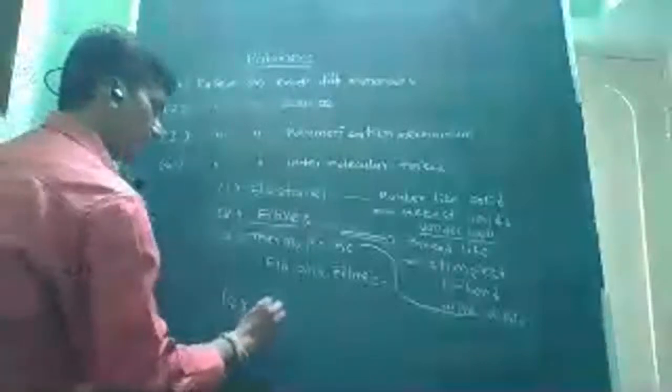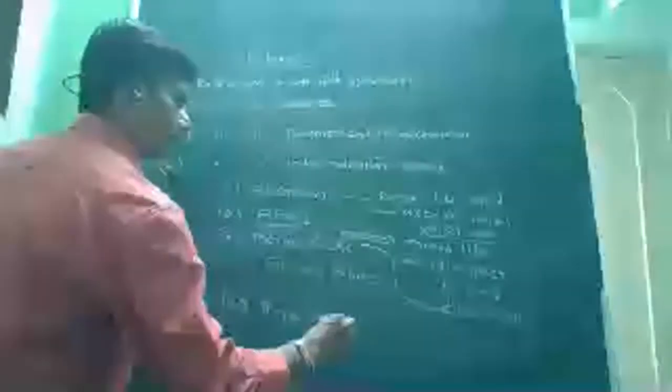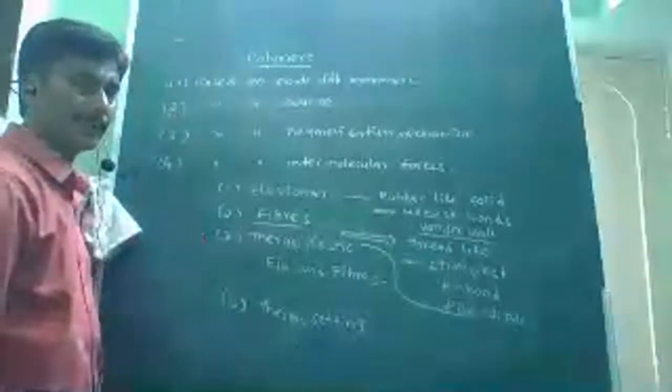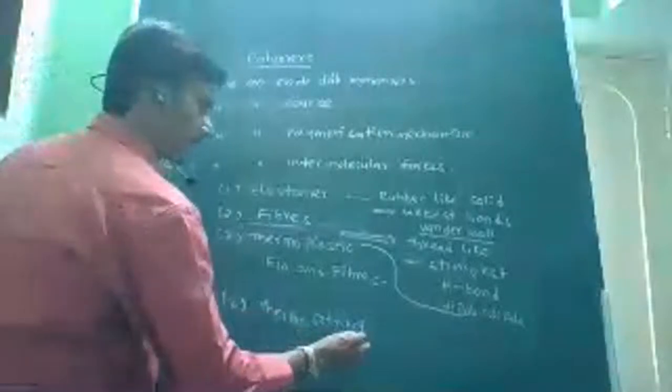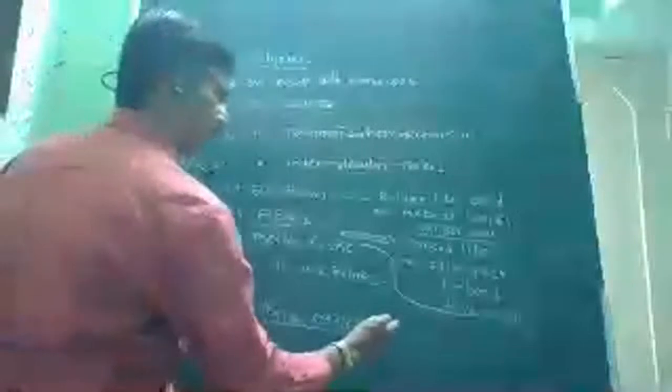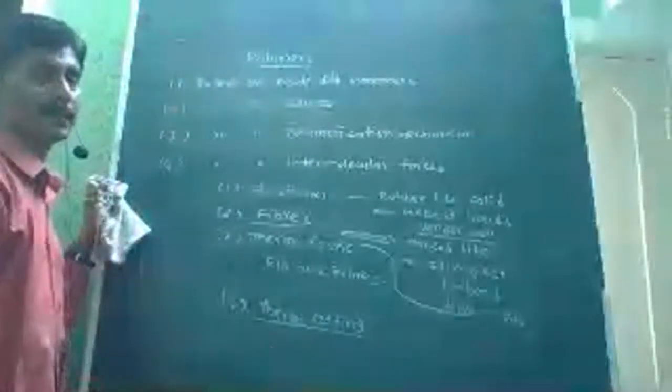Fourth one, thermosetting polymers. These are the polymers which are having strongest bond due to cross links.